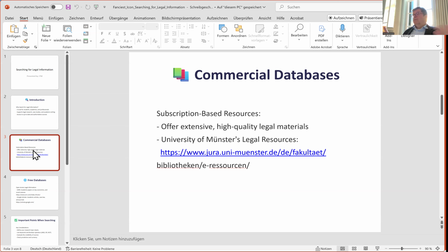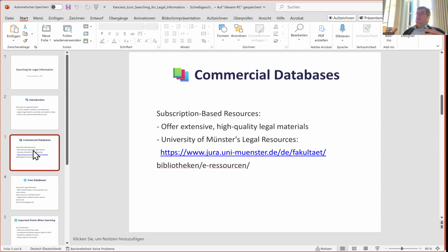That's the biggest commercial offer we have in Germany for legal information valuable for lawyers. Additionally, we have Juris. So that's a good database for finding especially German courts and their decisions.